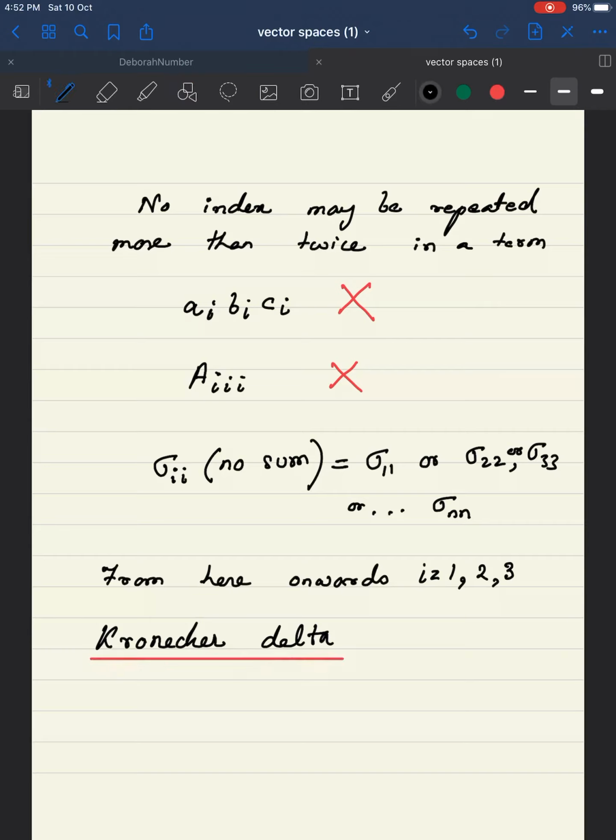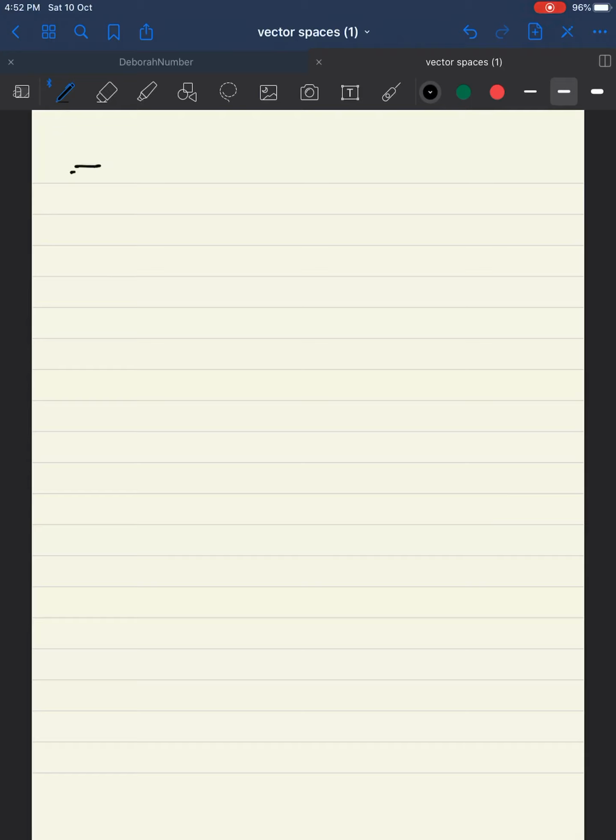The Kronecker delta is usually written as delta with 2 indices i and j, and it is defined as being equal to 0 if i is not equal to j, and equal to 1 if i is equal to j, okay, which implies that any cross term like delta_12, delta_13, or delta_32, all these cross terms will all be 0.